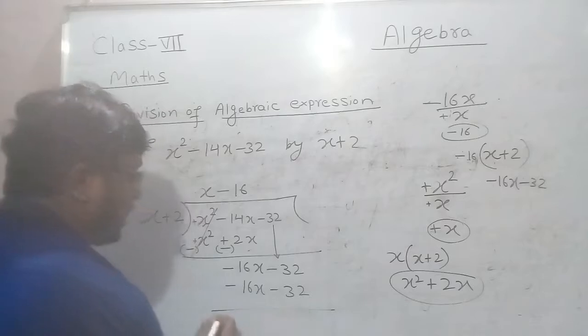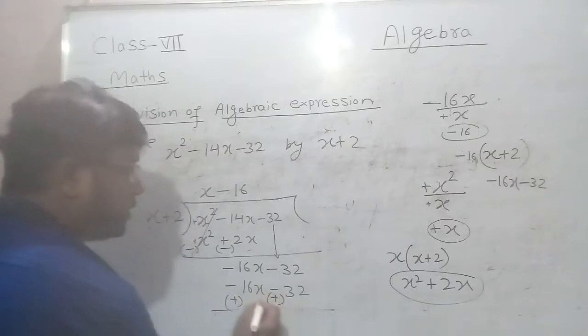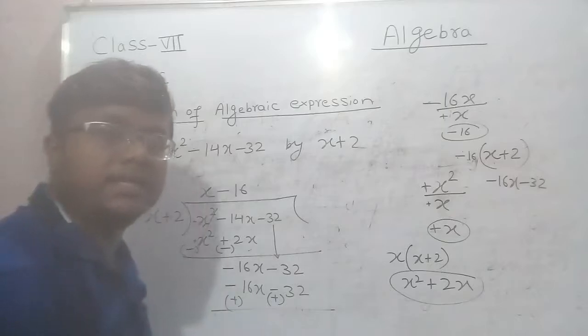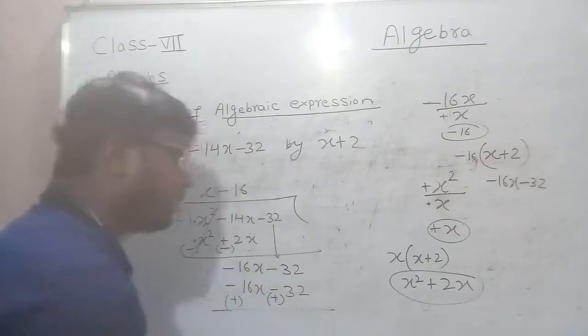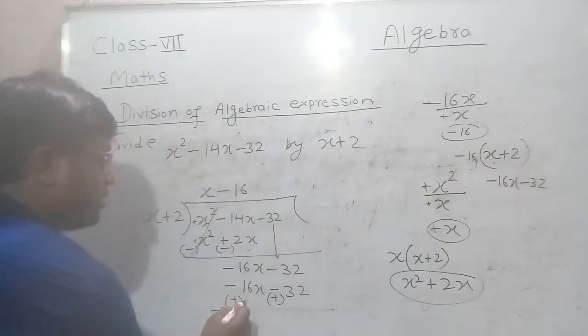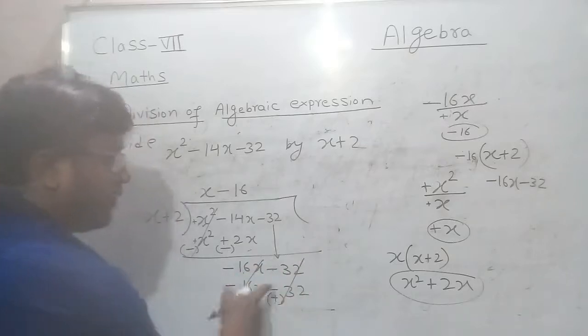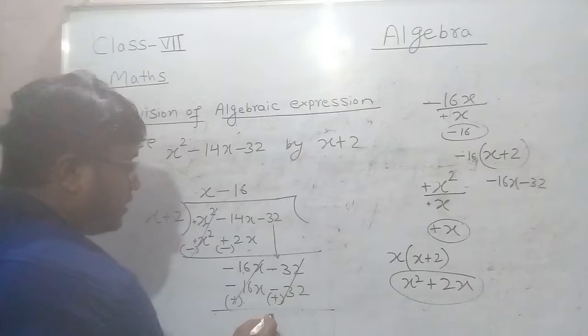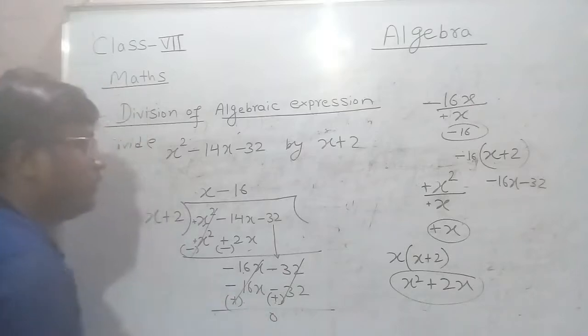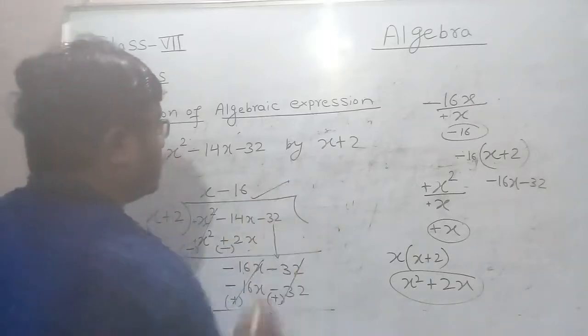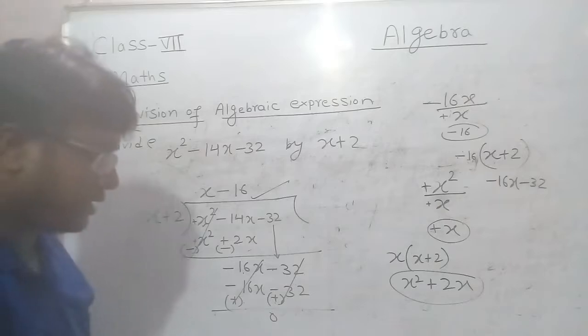Again we will change the sign: minus will change into plus, and plus into minus. So minus 16x plus 16x cancel, minus 32 plus 32 cancel, so your remainder is 0. Okay, your quotient is x minus 16.